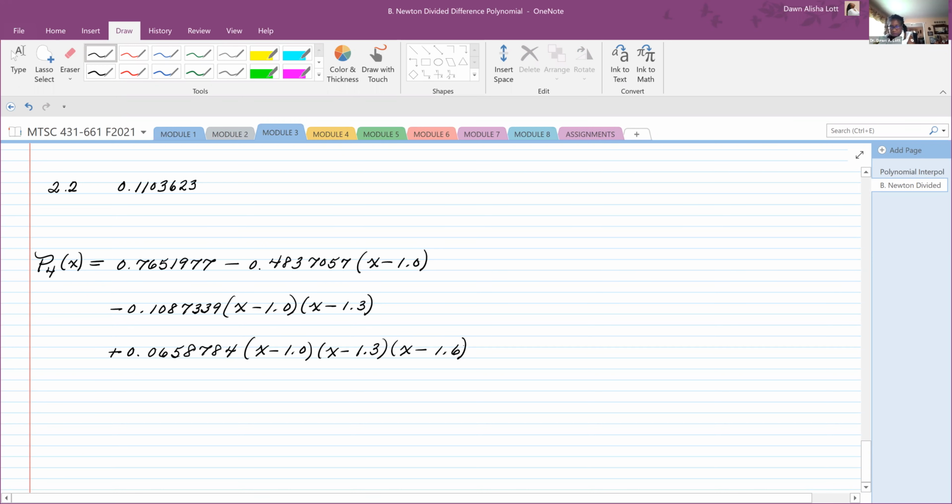And the last term, which is to add on A4, A4 is 0.0018251. And that is x minus 1.0 times x minus 1.3 times x minus 1.6 times x minus 1.9. And that is the Newton divided difference polynomial going through the 5 points.